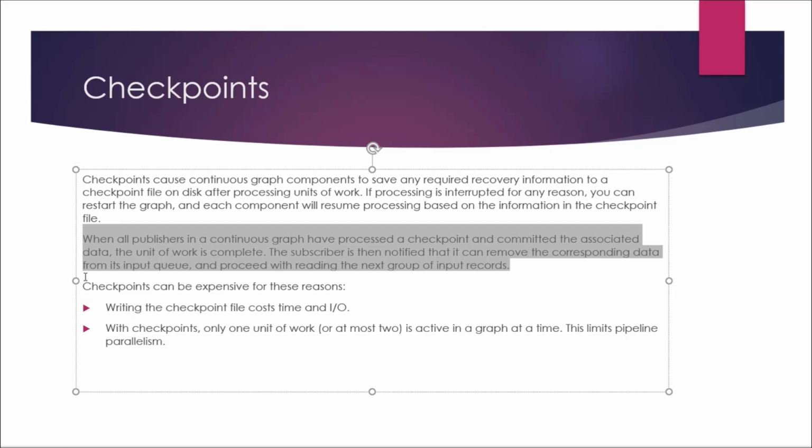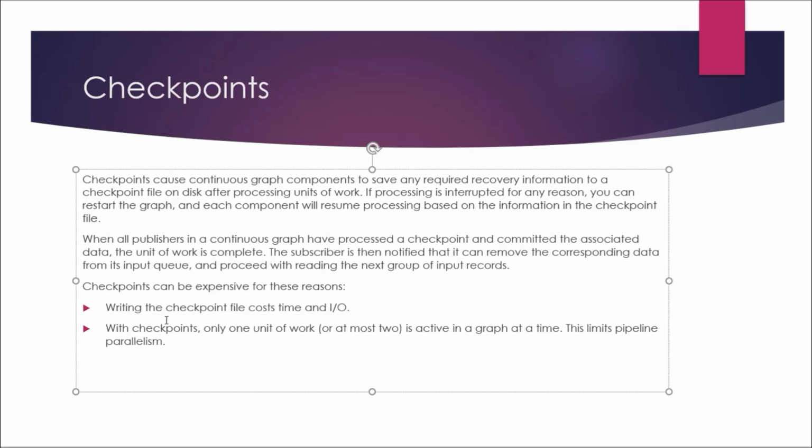Another thing is, as we know, in case of using checkpoints, only one unit of work can be active at a time inside a graph. There cannot be more than one unit of work at a time flowing inside a continuous graph. Only when the current unit of work completes its processing will the subscriber component send the next unit of work. Due to this, pipeline parallelism is impacted, in fact to a huge extent.